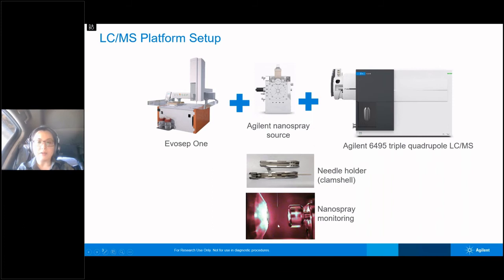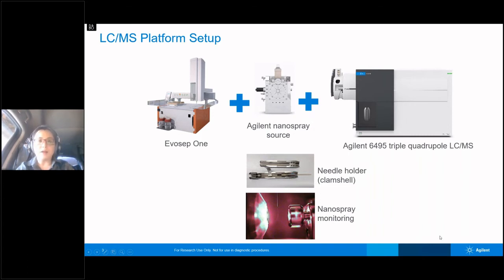This spray is very robust. In the middle is the needle holder, a clamshell that connects the analytical column and the stainless steel needle. Evosep provided us the analytical column and the spray needle, and it fits nicely together in the Agilent clamshell.